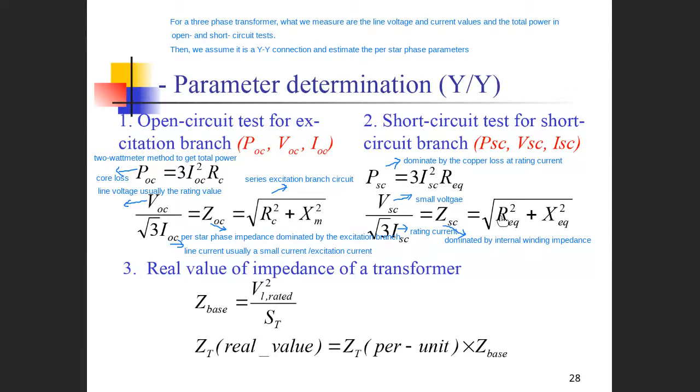For example, if your transformer primary and secondary transformation ratio is 10, and the primary side impedance is 10 ohms, the secondary will be 0.1 ohms, because the secondary times a squared, the turns ratio squared, 100, will be 10.